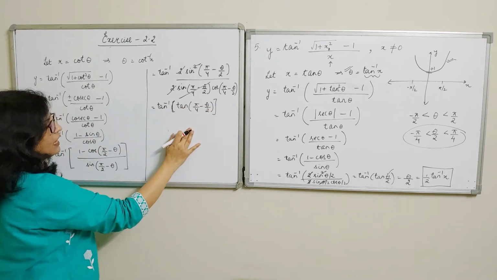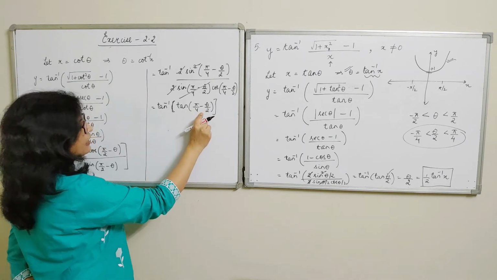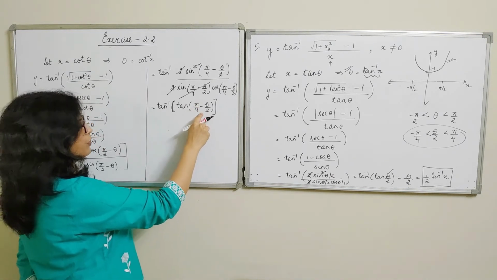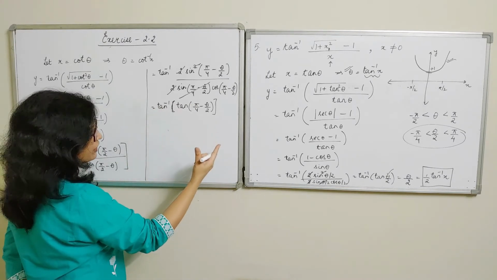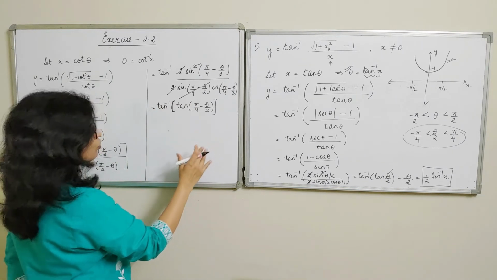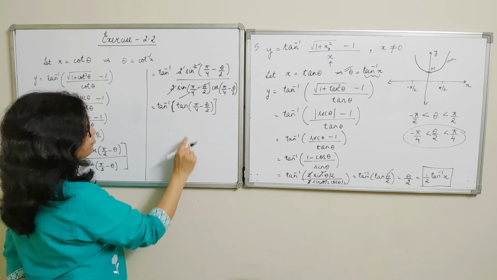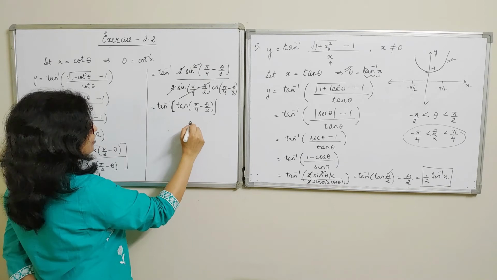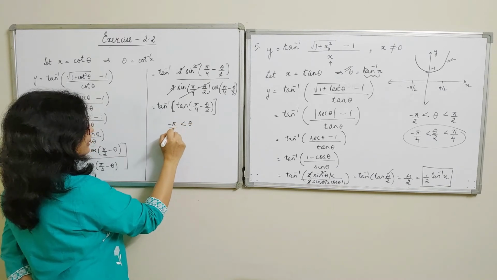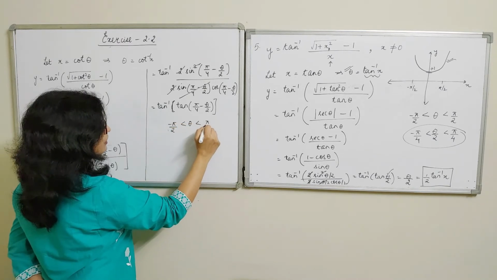So here again we'll have to cross check that this angle either belongs to the principal branch of the tan inverse function or a subset of the tan inverse function. So for that, let us again see here that the principal branch of the tan inverse function is this.